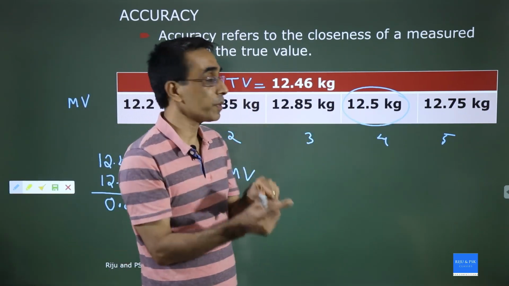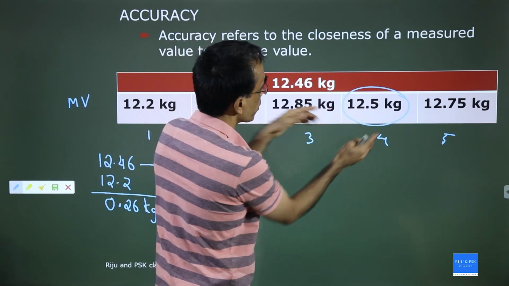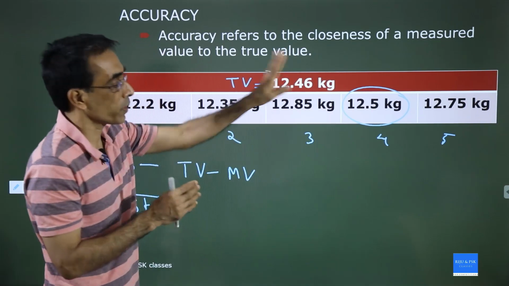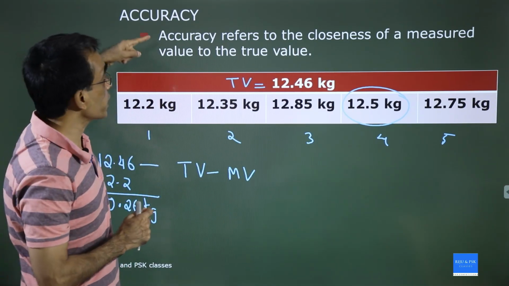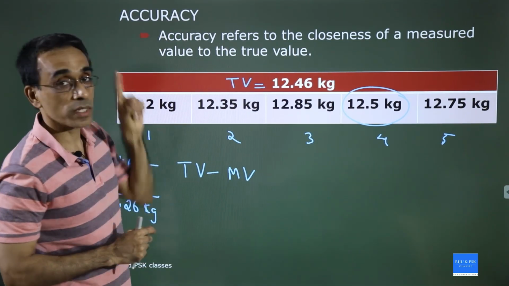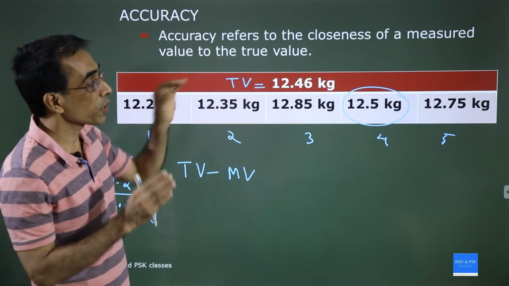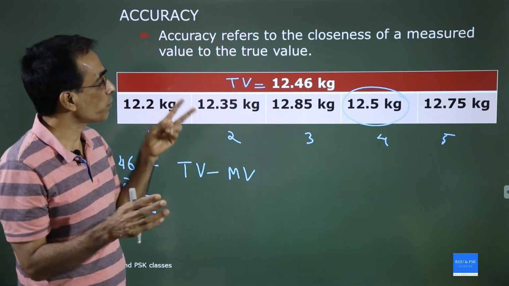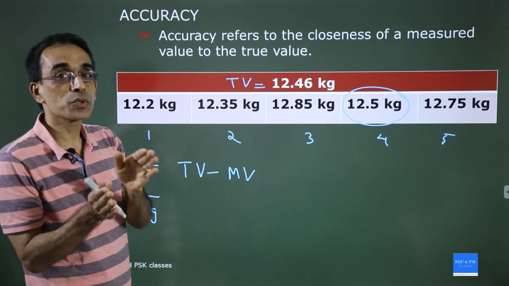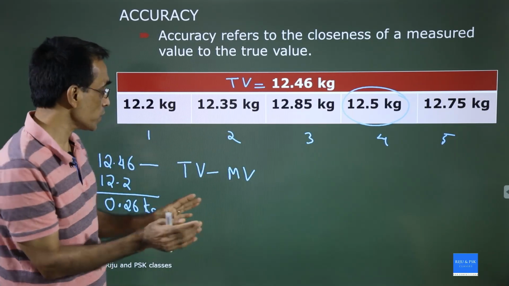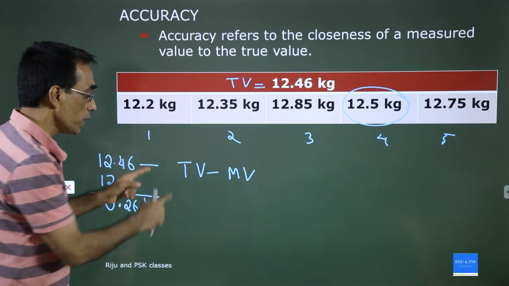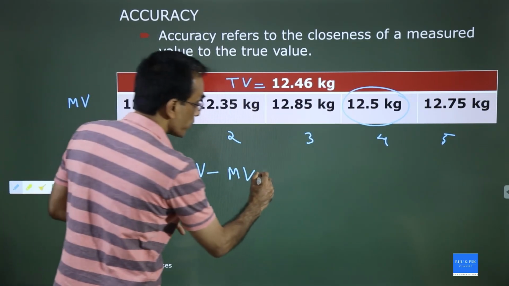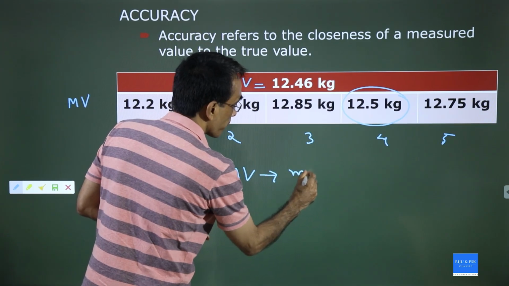What does that mean? That means this 12.5 kilogram is very close to 12.46. Now read the definition. Accuracy is what? It refers to the closeness of the measured value to the true value. That means TV minus MV, this must be minimum.